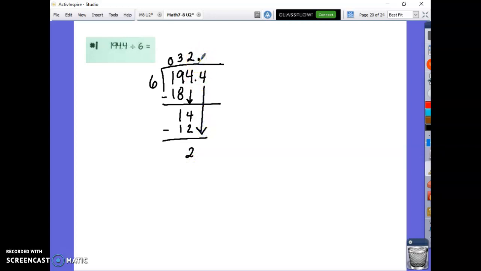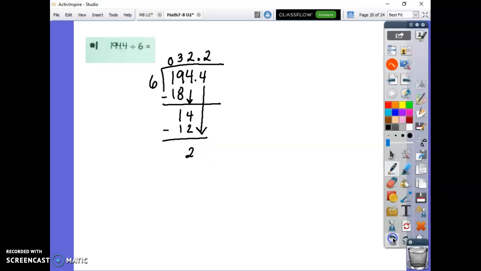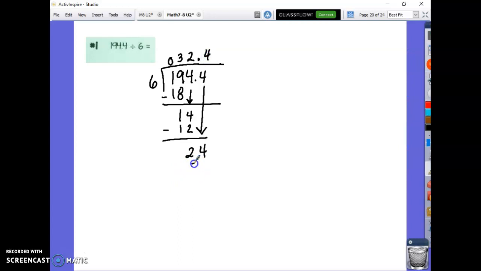However, don't forget to transfer that decimal point. 6 times 4 gets us 24, which leaves us with a remainder of 0. So our final answer is 32.4, and we have two positive numbers. A positive divided by a positive gives us a positive answer.